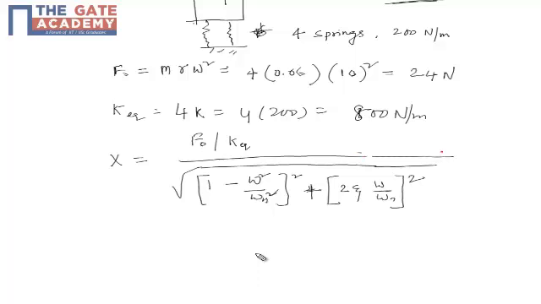Now let's substitute the values. F naught we already know is 24 newtons. K equivalent we already know is 800 Newton per meter. Omega n, how do you find omega n?